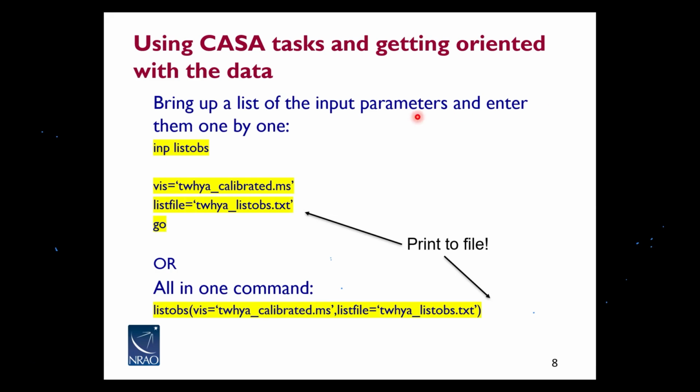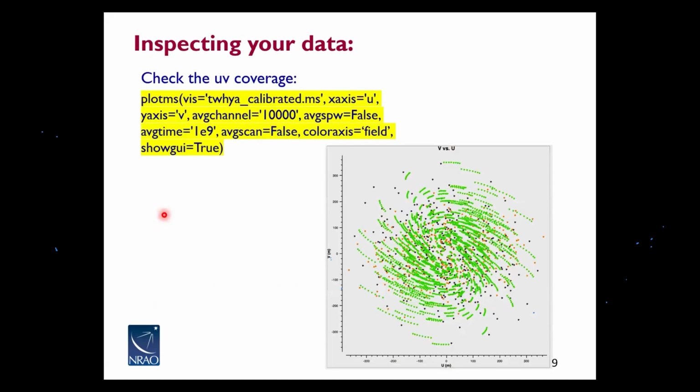So the next step is we can start inspecting our data using plotms. Basically, this is just a command to create plots. For example, we definitely want to check the UV coverage.